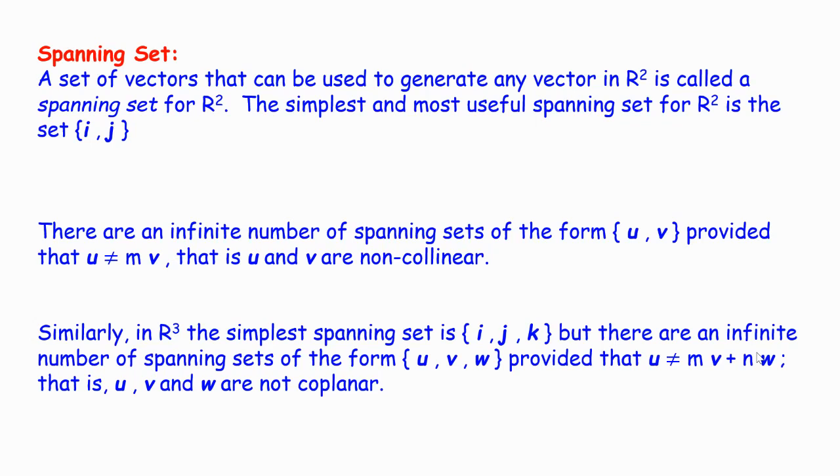Similarly, in R3, in 3 space, the simplest spanning set we said was i, j, k, but you can also come up with any 3 vectors, well, not any, because there are some conditions as well. You can come up with 3 other vectors, not the i, j, and k unit vectors which sit on each of the axes, as long as one of the vectors cannot be created by simply adding together scalar multiples of the other 2.